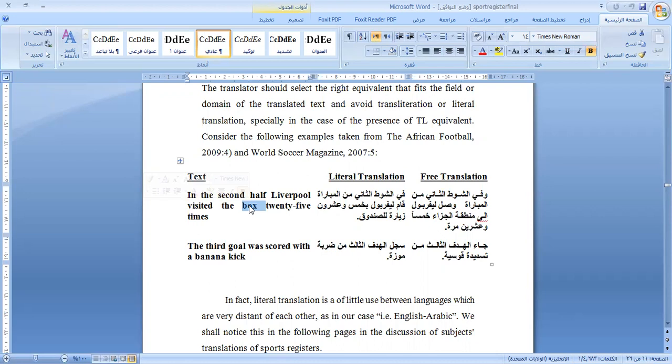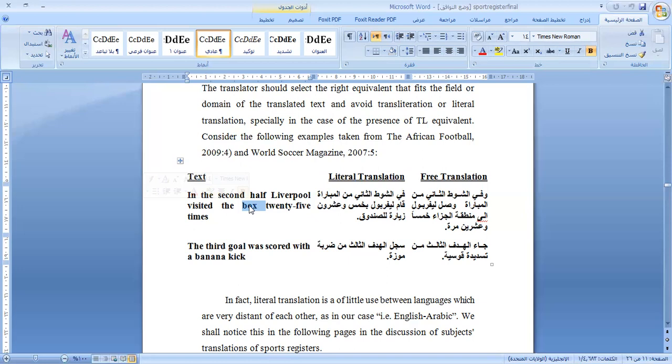Actually, this translation has no sense at all in the Arabic language, since the rendition of box as الصندوق has no sense, and visited يزور, يزور دايما بتكون زيارة لشخص أو زيارة لمكان، ولكن إنك تزور صندوق 25 مرة has no sense.